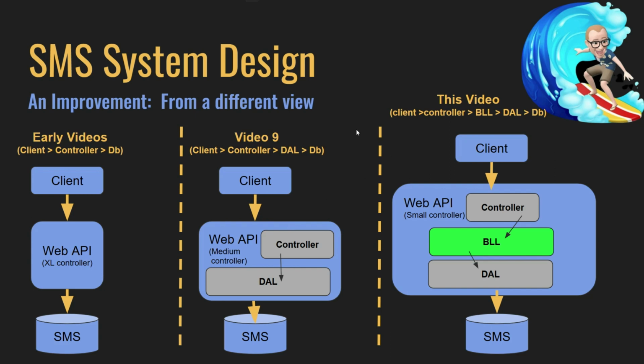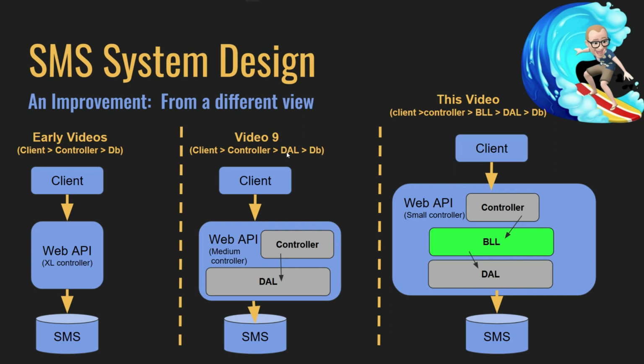Then in the last video, video 9, if we move into the middle section of the slide, we introduced a data access layer and we actually wired it up. So now the flow through the system is the client makes a request to the controller, which routes the request to a method inside itself, and that method delegates responsibility for talking to the database to the data access layer.